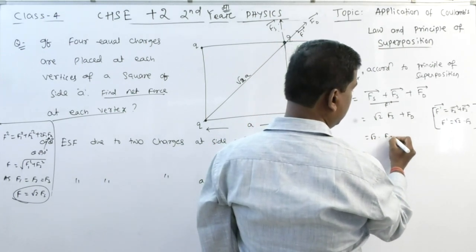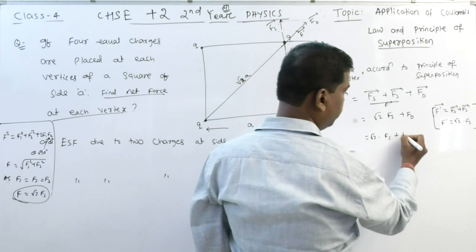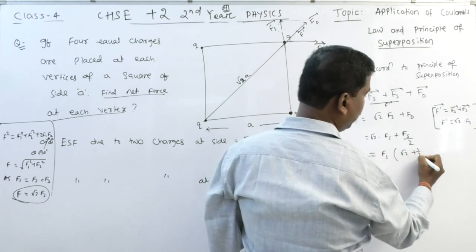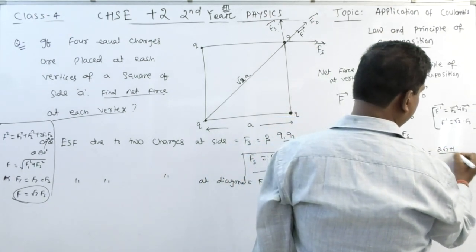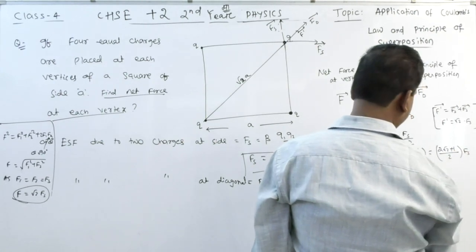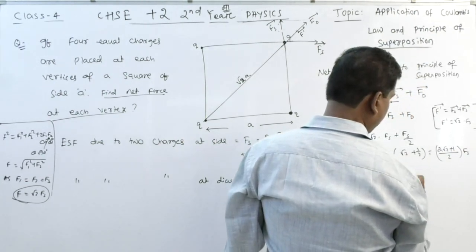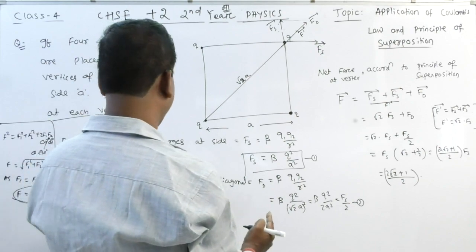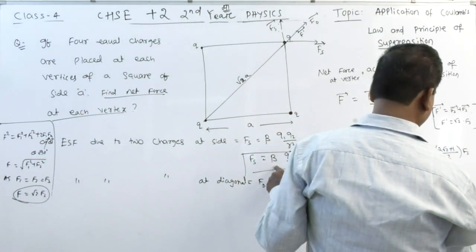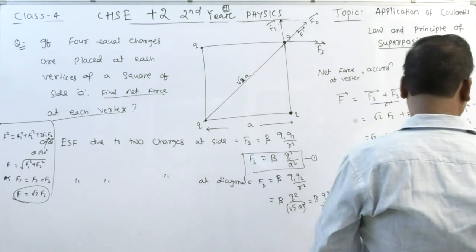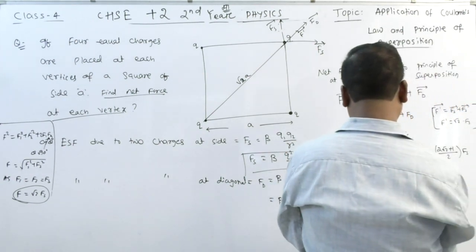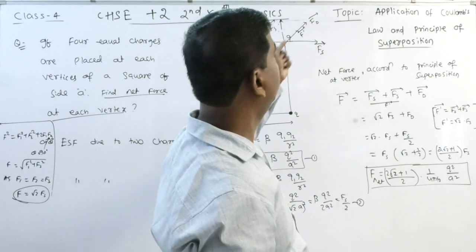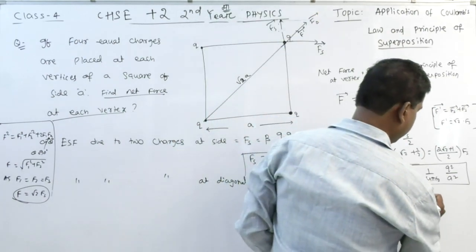So root 2 Fs plus Fs by 2, taking Fs common, is 2 root 2 plus 1 by 2 Fs. That means, with beta as 1 by 4 pi epsilon 0, 2 root 2 plus 1 by 2 times 1 by 4 pi epsilon 0 q square by a square. That is the net force, and it is directed along the diagonal.